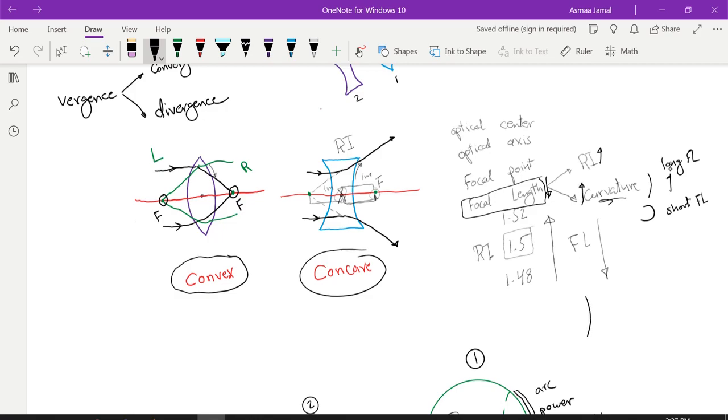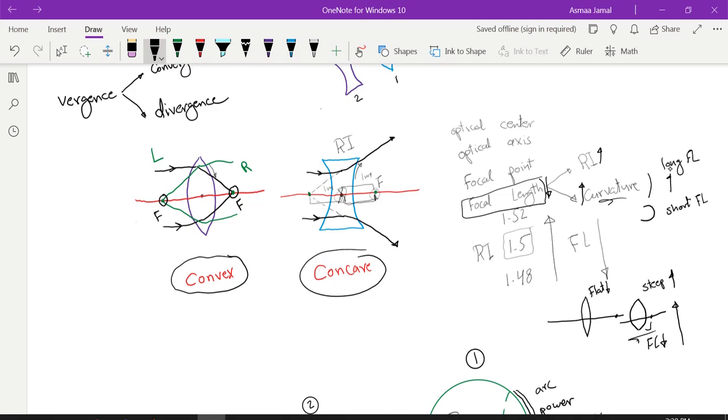So let's say that's the flat lens and that's the steep lens. The focal length here will be longer than the focal length here in the steep lens. And as we agreed, steep lenses have higher power than the flat lenses, which means also this focal length will decrease as the power of the lens increases.